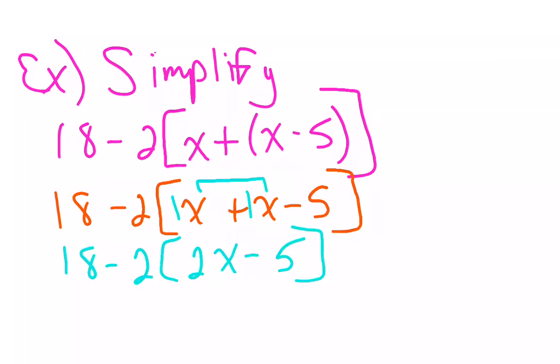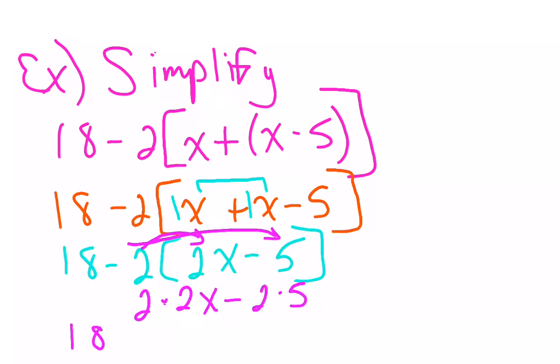Now we can go and distribute this for sure. The 2 multiplied to each one. So it's 2 times 2x minus 2 times 5. And so 2 times 2x is 4x. And 2 times 5 is 10.